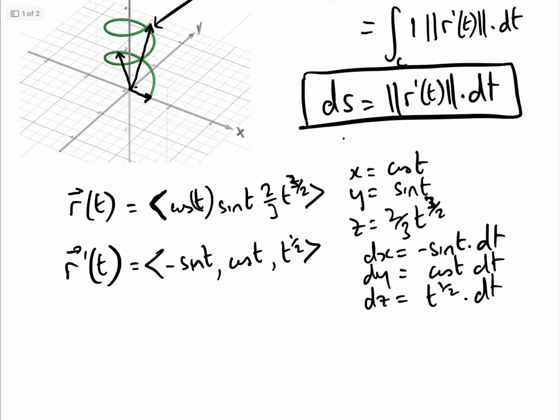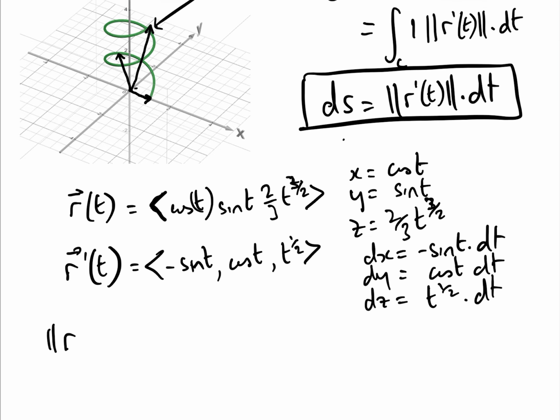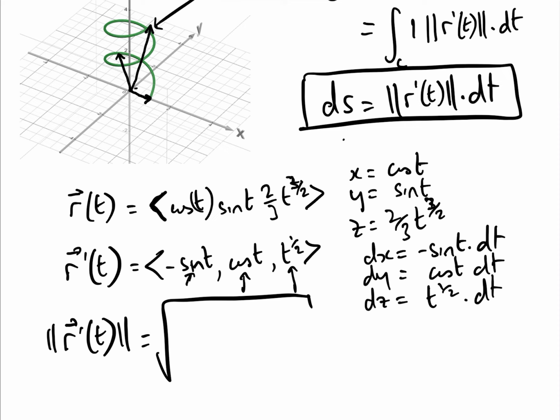It's exactly the same thing. The magnitude of r dash t is going to be equal to the square root of that squared add that squared add that squared, which is exactly the same as ds/dt. They're just different ways of writing exactly the same thing.